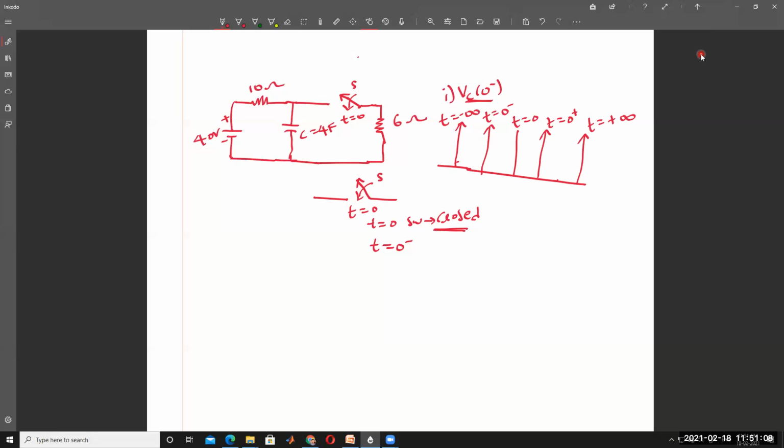This is called a steady state. T = minus infinity is also called steady state, and t = plus infinity is also called steady state, and this is called a transient state.